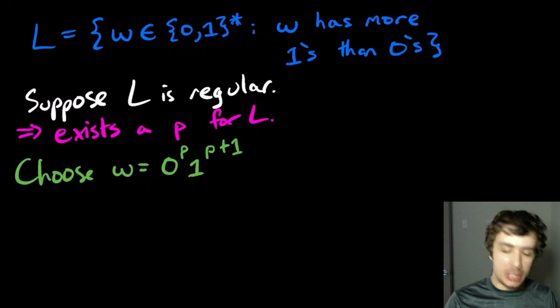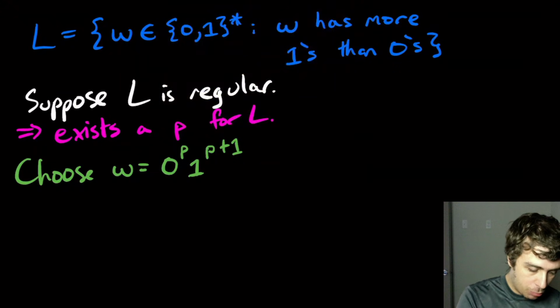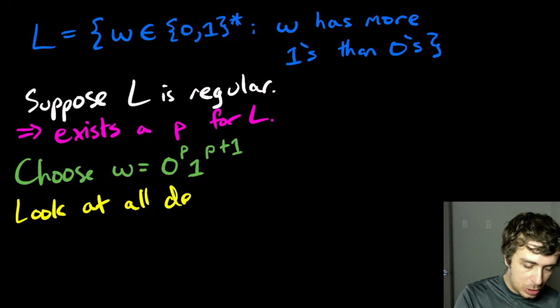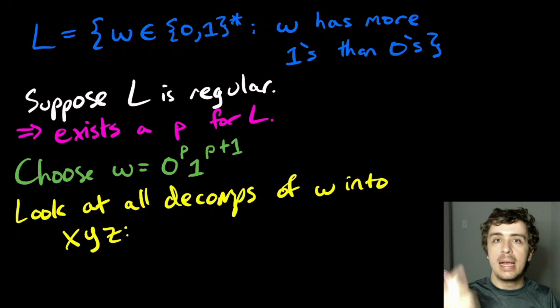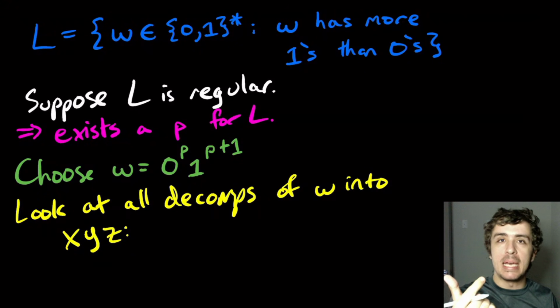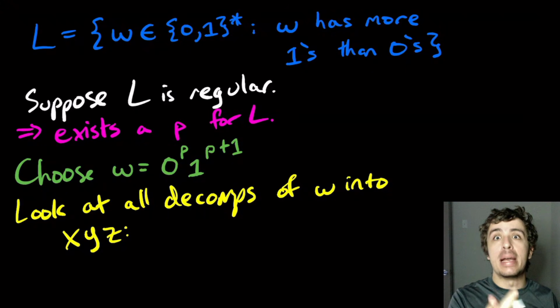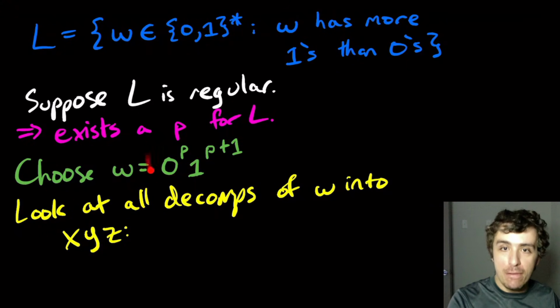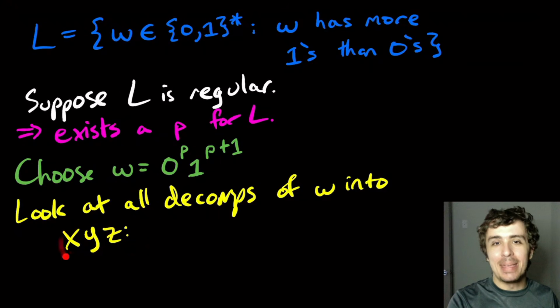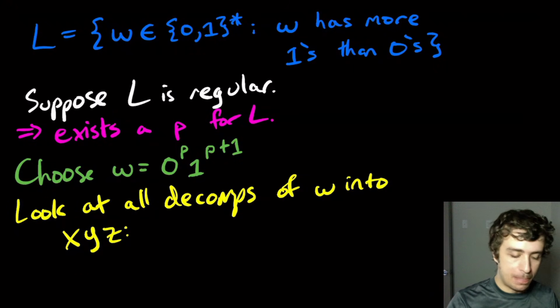Well, we've got to look at all decompositions, as we always do, of W into those three pieces, X, Y, and Z, according to the rules that XY has length at most P, and Y is non-empty, so Y has at least one character. Since XY has at most P characters, and the first P of them are zeros, that means that X and Y only have zeros in them.